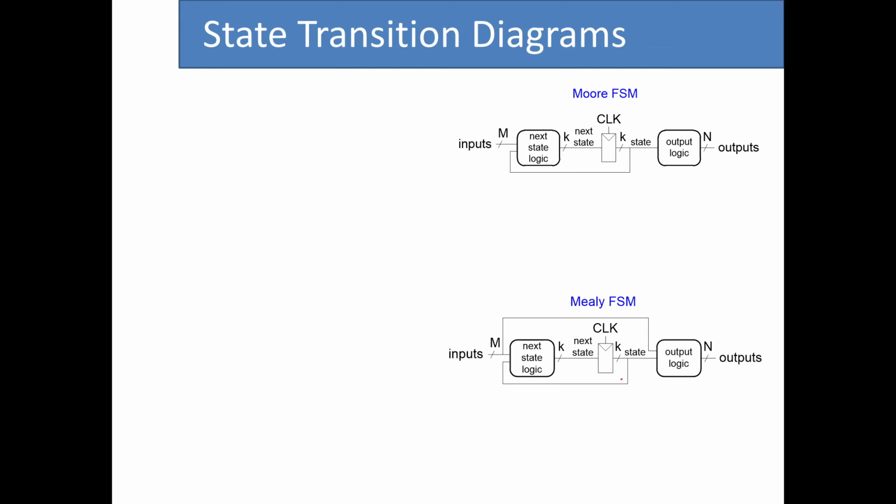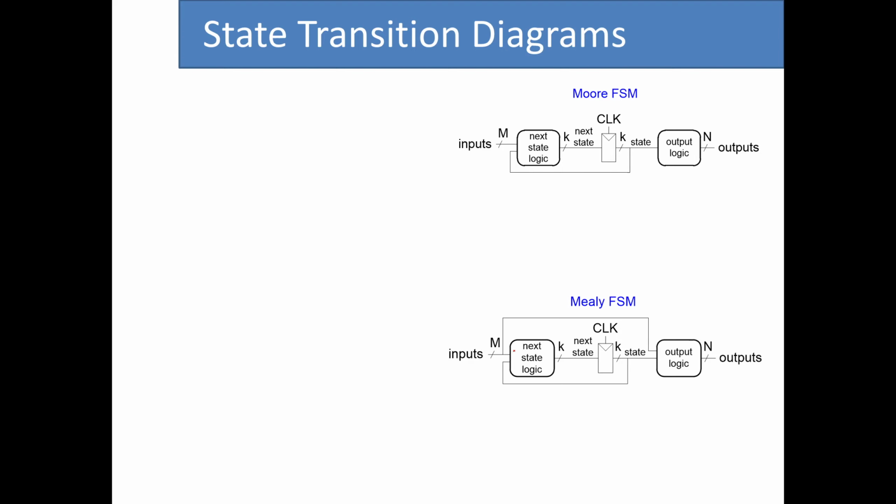If you pay close attention, you see that for the Moore FSM, the outputs are completely in sync with the clock. Why? Because the outputs are only dependent on the current state, which is synchronized with the clock. While for the Mealy FSM, states are synced with the clock, but inputs are not necessarily synced with the clock.